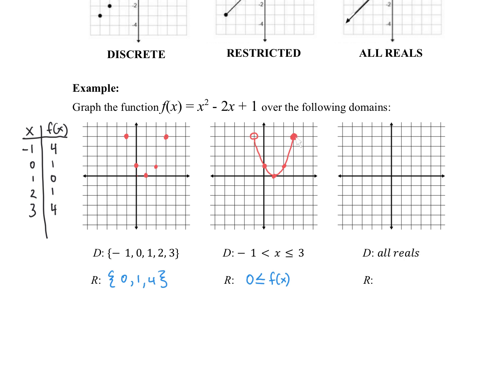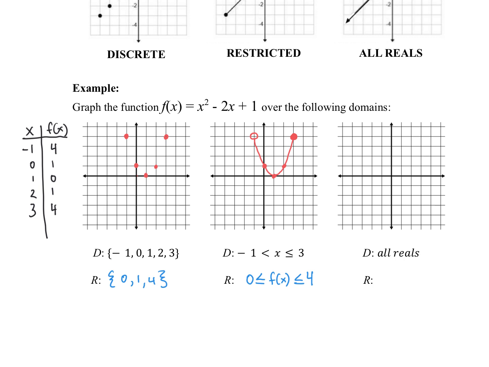Since I have both, the closed circle wins. So the top of this is going to be 4, and it does get the equal to. All right? So that's what a restricted domain looks like.